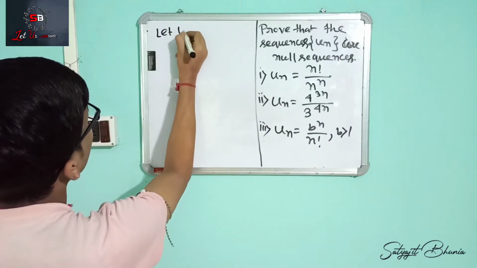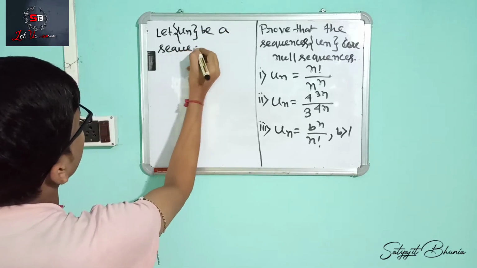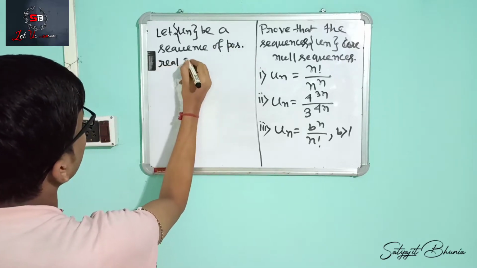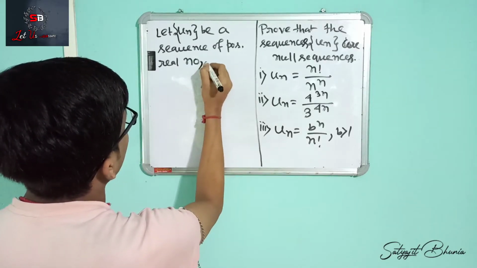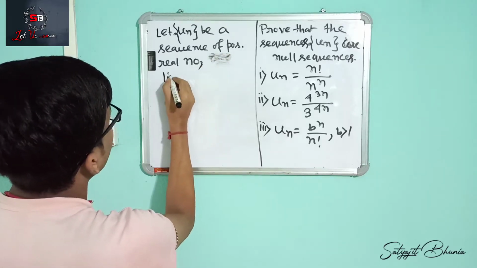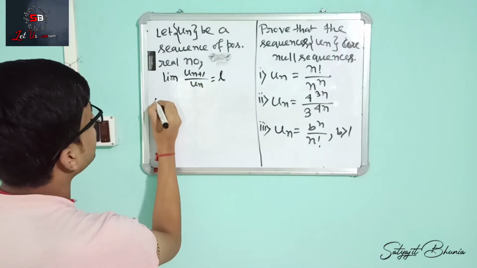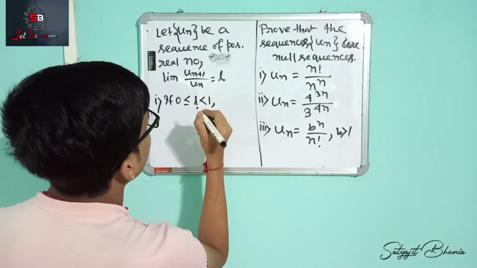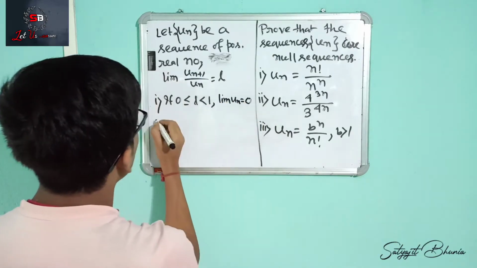Let un be a sequence of positive real numbers, and if limit un plus 1 by un is equal to L, if 0 is less than or equal to L less than 1, then limit un is equal to 0.